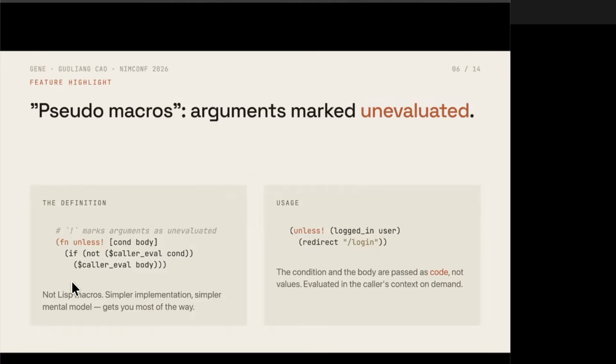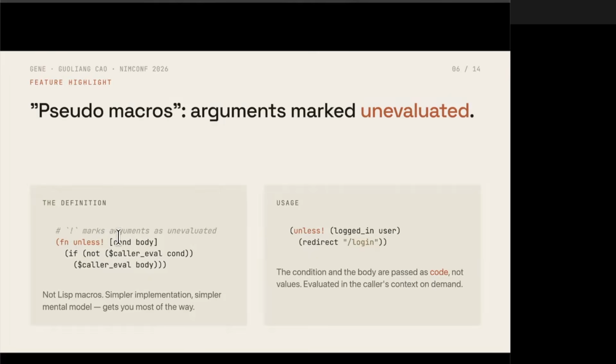On the left side is how we define pseudo-macros. It will take the fn keyword. The fn keyword is used to define functions, and macros are also defined using the same keyword. What's different is that in the name of the macro, you have to put a bang at its end, to tell it is a pseudo macro.